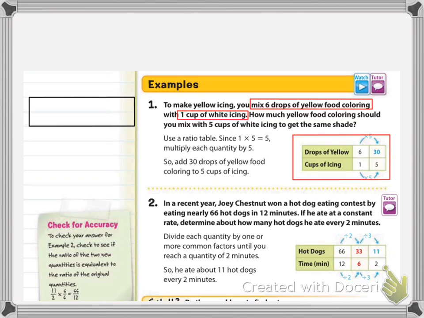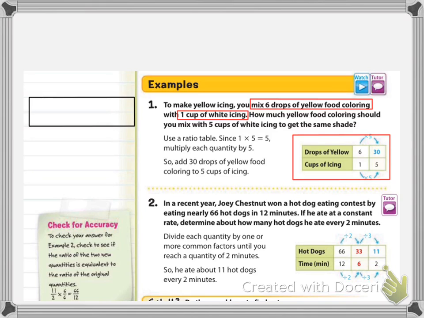So to set up your own ratio table, because you will need to in some of the examples that you'll have, you're going to just make a basic rectangle. I would like for you to go ahead and do this on the left side of your paper like I have shown here in black. Use the lines, especially when you're using notebook paper, use the lines on that notebook paper to help you set up your boxes to make it look neater. The lines are there for a purpose.